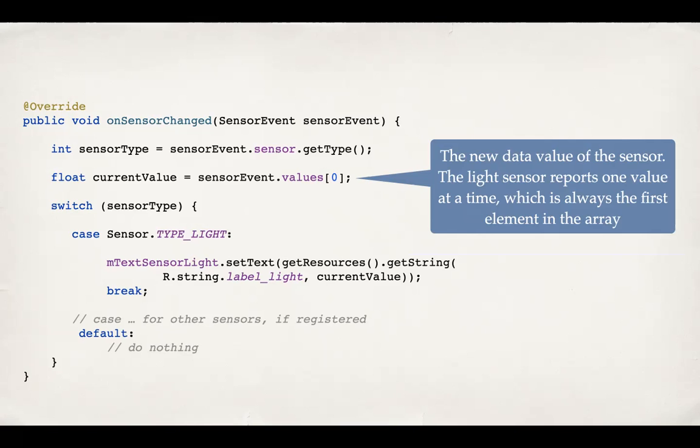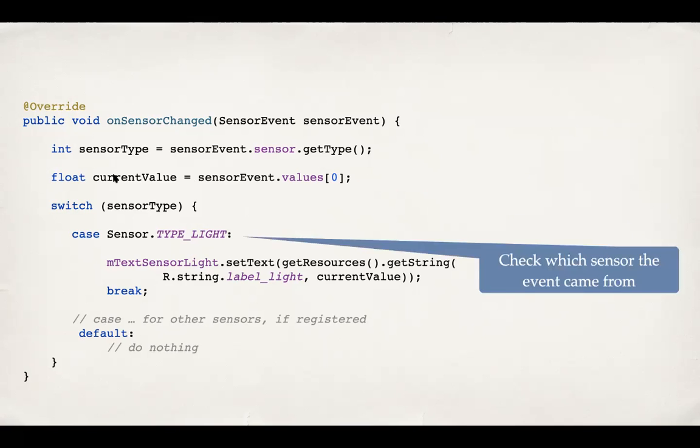But the light sensor that we are using here, just one value suffices, so it will always be values[0], and that's the one we are grabbing here. You'll have to look into the documentation of each specific sensor to know which one is relevant, or what kind of values it's going to return.